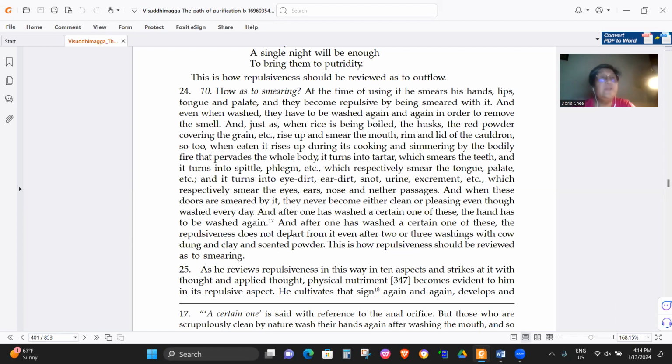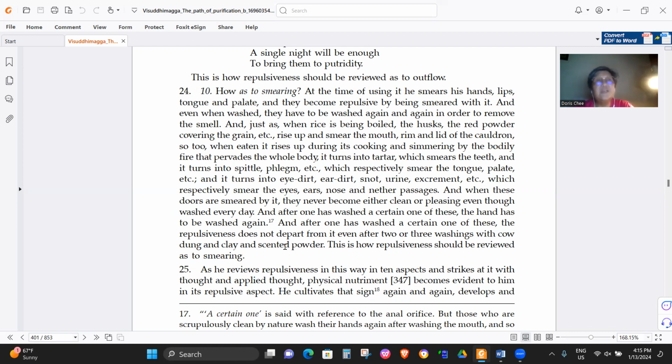How as to smearing? At the time of using it, he smears his hands, lips, tongue, and palate, and they become repulsive by being smeared with it. And even when washed, they have to be washed again and again in order to remove the smell. And just as when rice is being boiled, the husks, the red powder covering the grain, etc., rise up and smear the mouth, rim, and lid of the cauldron, so too, when eaten, it rises up during its cooking and simmering by the bodily fire that pervades the whole body.